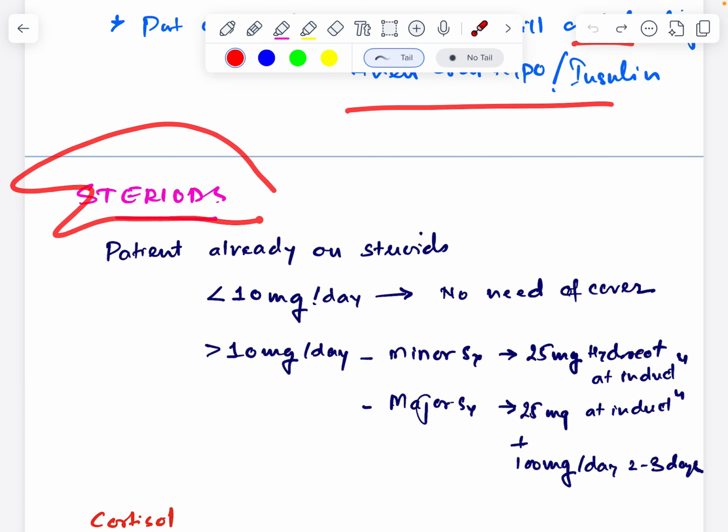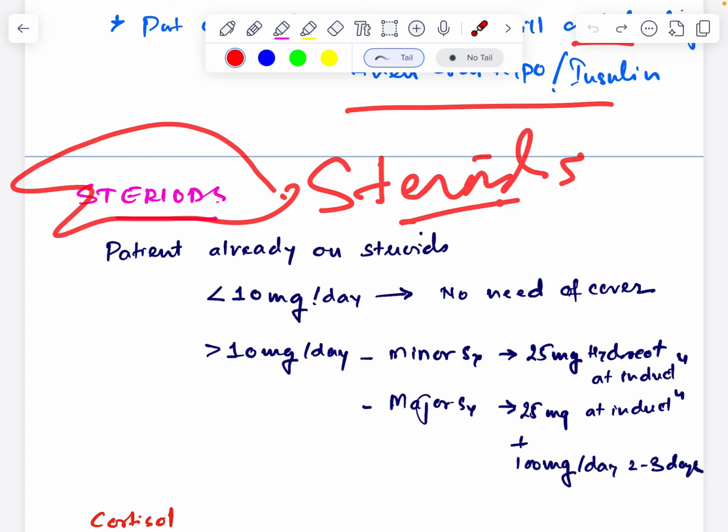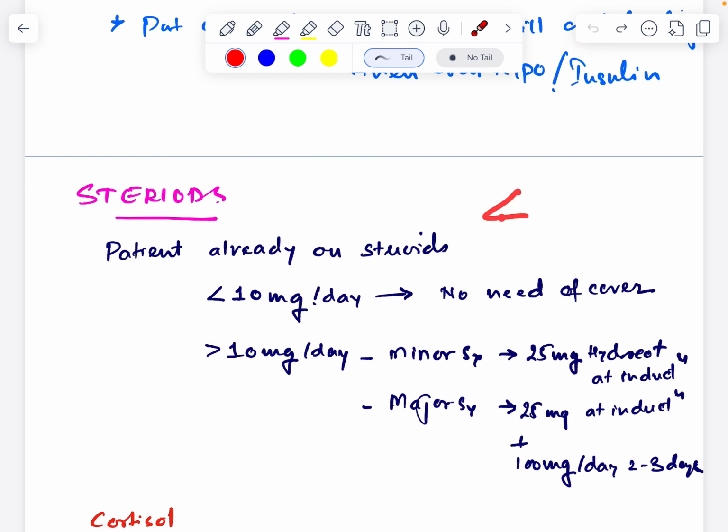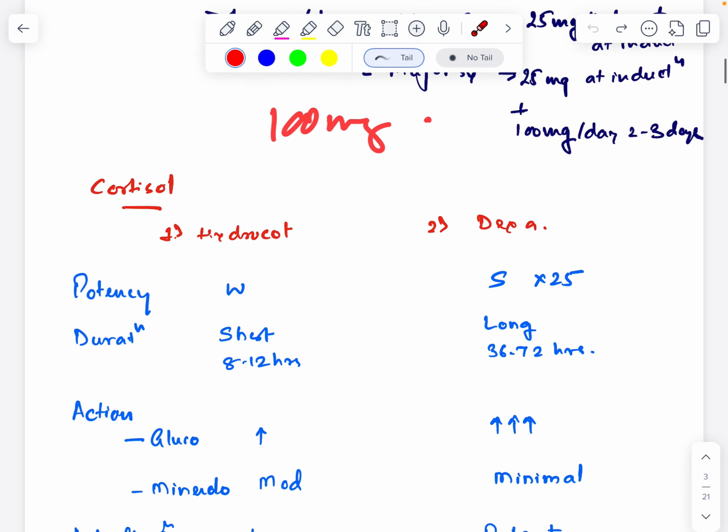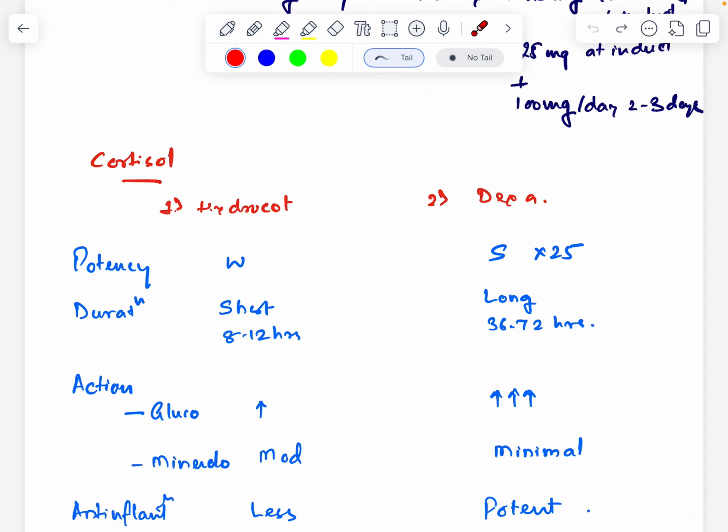If the patient is on steroids, for example less than 10 milligram, no need to cover. More than 10 milligram, increase the dose: 25 milligram at the time of induction and give it for the next 2 to 3 days, 100 milligram hydrocortisone. Cortisol is more potent, hydrocortisone short acting 8 to 12 hours.